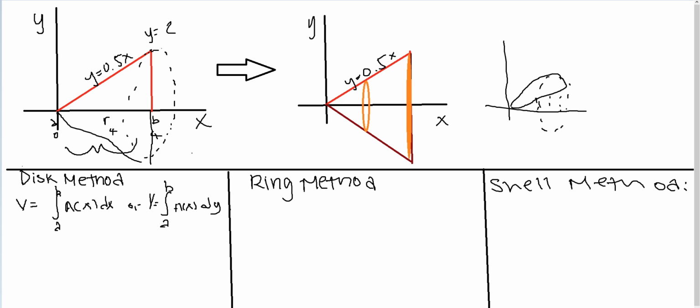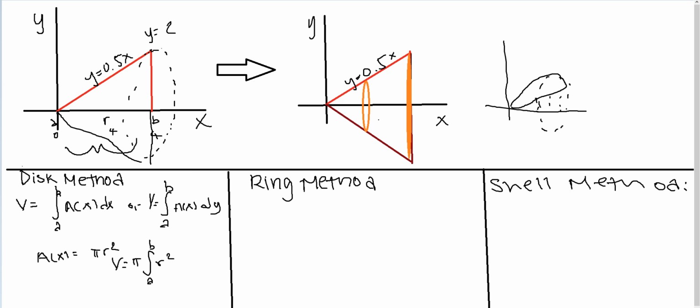So we know that A(x) is equal to pi radius squared, because this is a circular region. So that means that our equation is the integral of pi r squared from a to b, and that would give us the volume of the solid of revolution. If you would like, you could try that out for this problem.